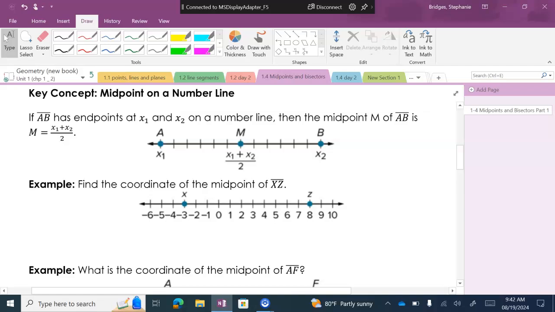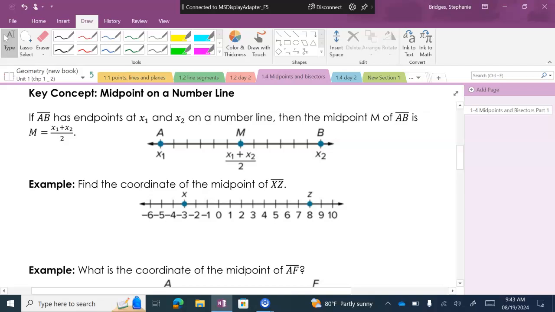So if I were to add a negative and a positive, isn't that technically subtracting? So let me show you. If I were to do exactly what that tells me to do, this is why I don't really like doing this one like this. If I were to take X and add Z, what's -3 plus 8? 5. Do those look like they're only 5 units apart? No. Okay, let's just go back and do the counting thing.